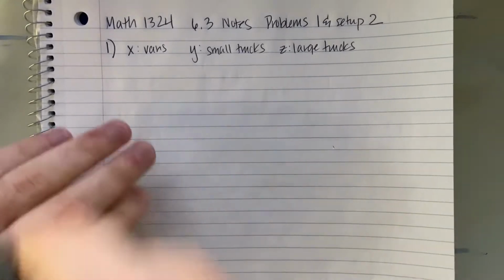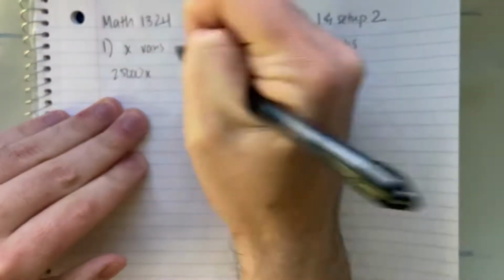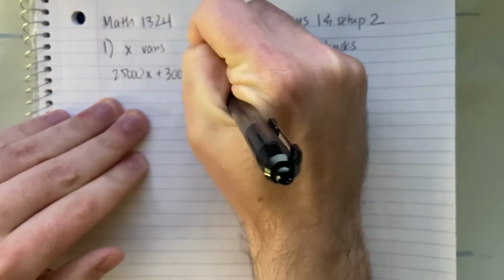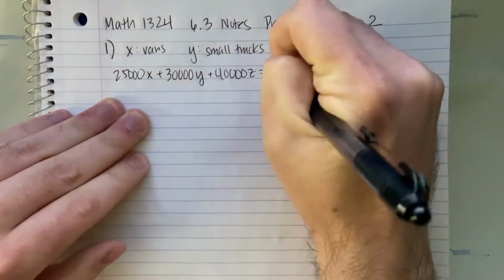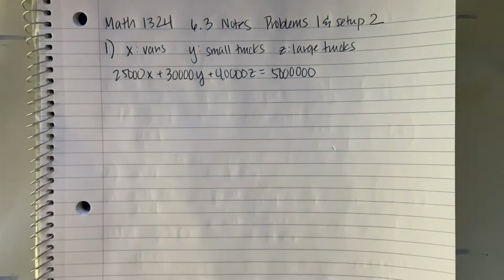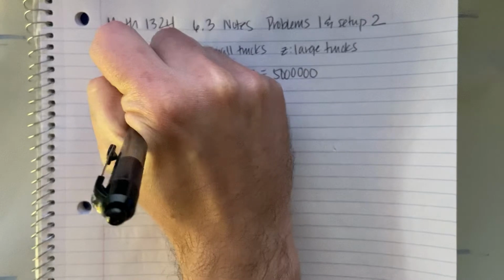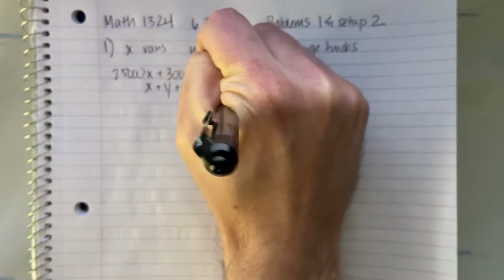We know that the cost is $25,000 for a van, plus $30,000 for a small truck, plus $40,000 for a large truck, and they're spending $5 million. And yes, we'll get rid of the zeros in a bit. We know the total number of vehicles, X plus Y plus Z, is supposed to be 175.